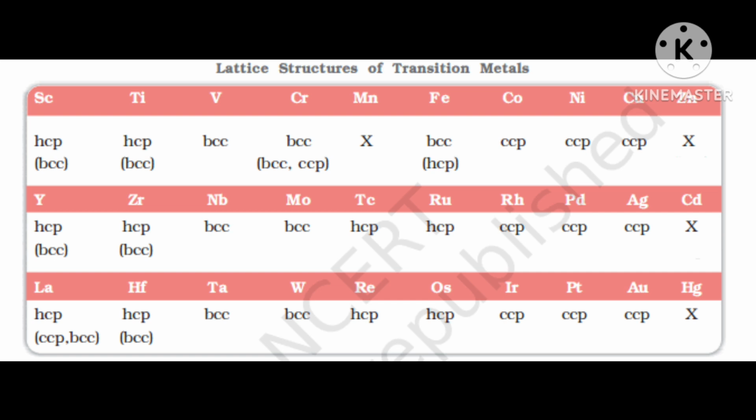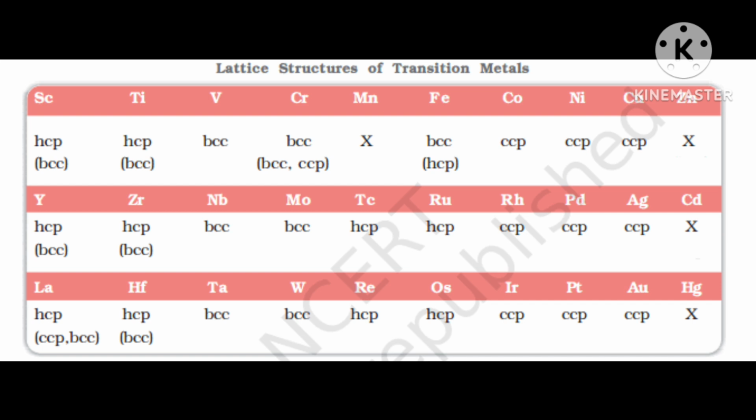The maxima, meaning maximum, is at about the middle of each series. This indicates that one unpaired electron per d orbital is particularly favorable for a strong interatomic interaction. Here I am telling you the reasoning: the maximum will be at the middle of each series.